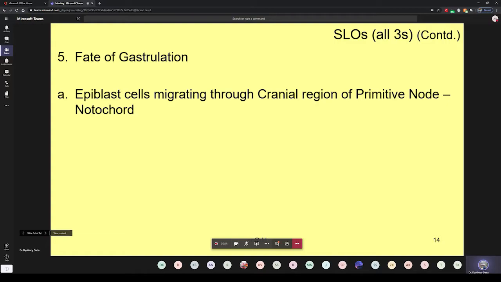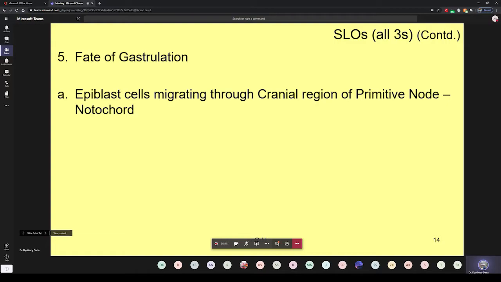If I were to ask one of you, and I will be doing so subsequently, from where to where does the notochord extend? What is the notochord? I'll give you the answer also. The notochord is nothing but the invaginating epiblast cells, which extend from the cranial end of the primitive streak up to the precaudal plate, right?